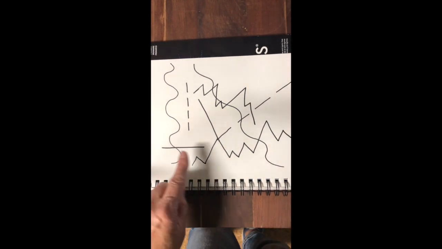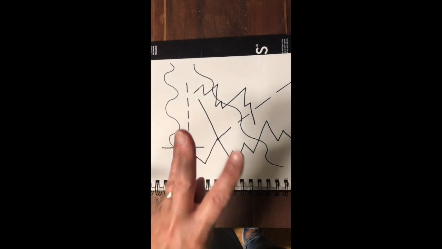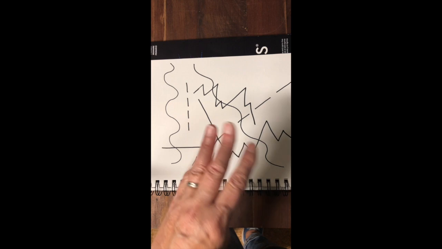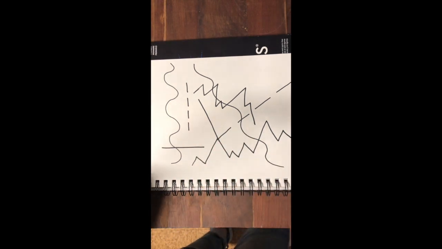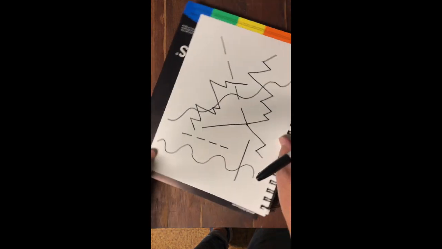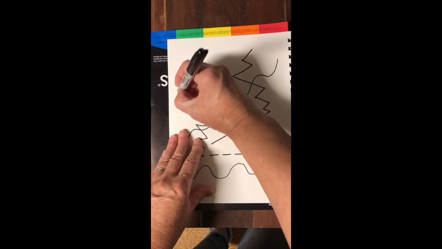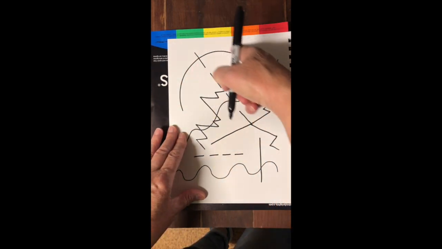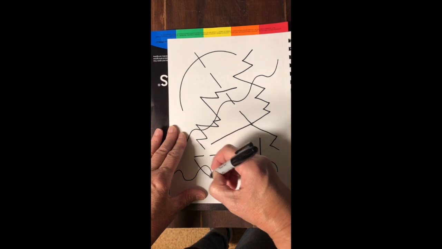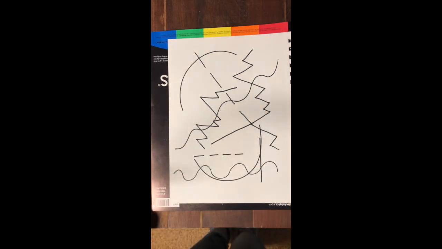So we've done a regular line, we've done a broken line, we've done a wavy line, we've done a zigzag line. So the last one that we're going to do, rotate, is we're going to do the curved line. And it doesn't matter if it goes upper or lower. Okay, ooh, I like that.